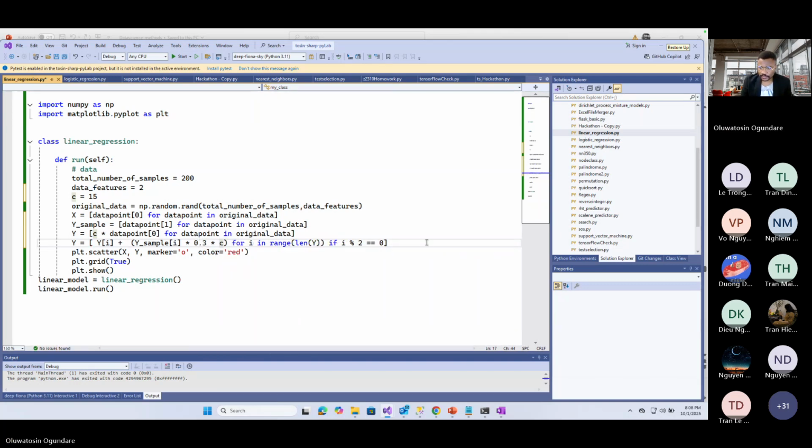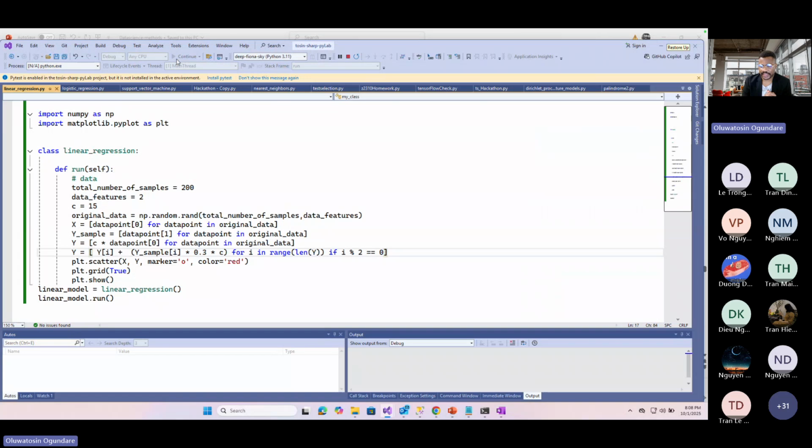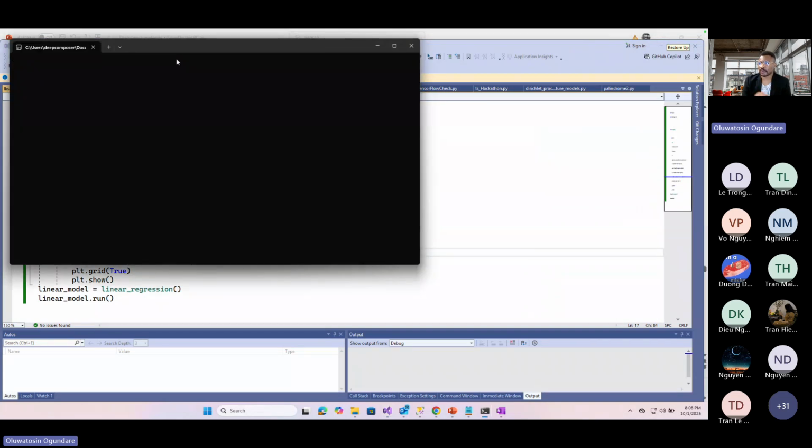Okay. Let's see what this looks like now. So the idea is to get a fairly linear data set that we can work with.